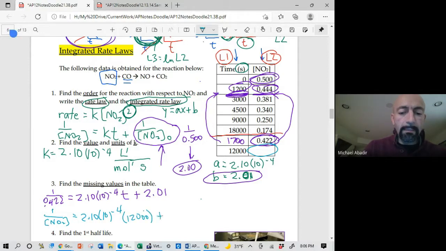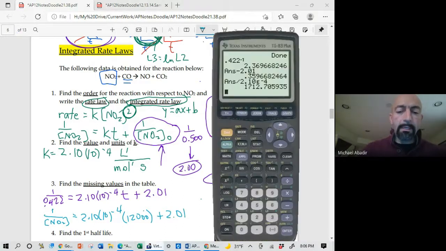And then we add the intercept 2.01. So we take out our calculator, 2.1 e negative 4. Then we're going to hit times 12,000. And we're going to add that to 2.01.